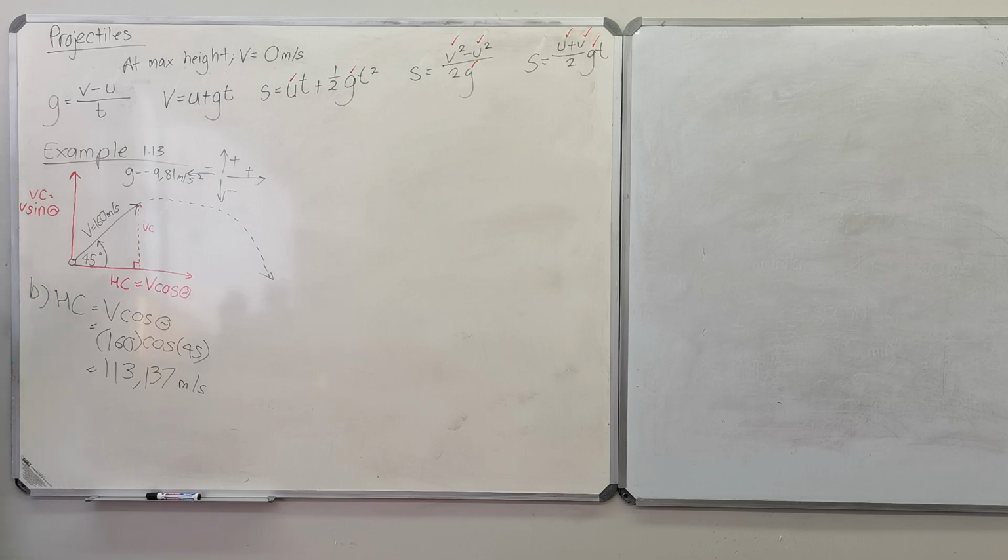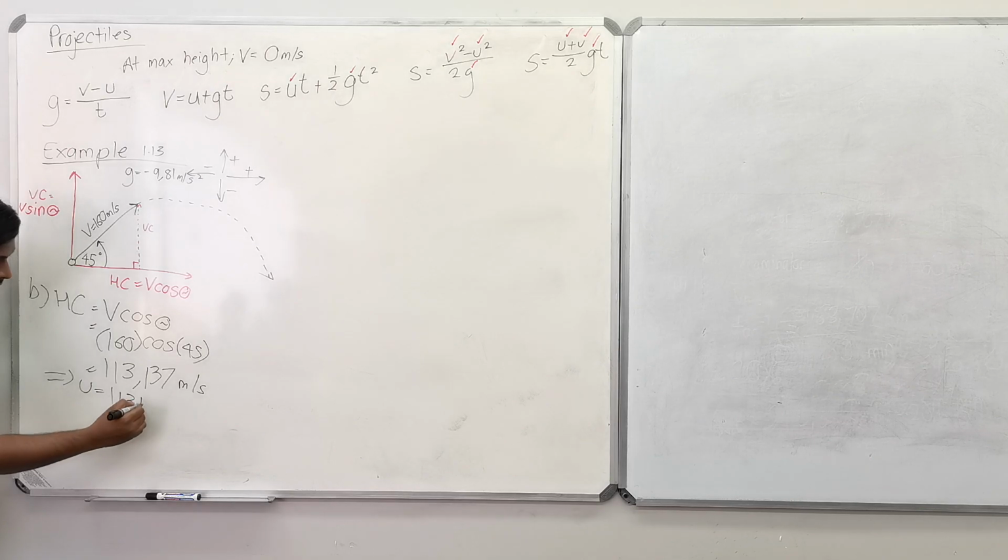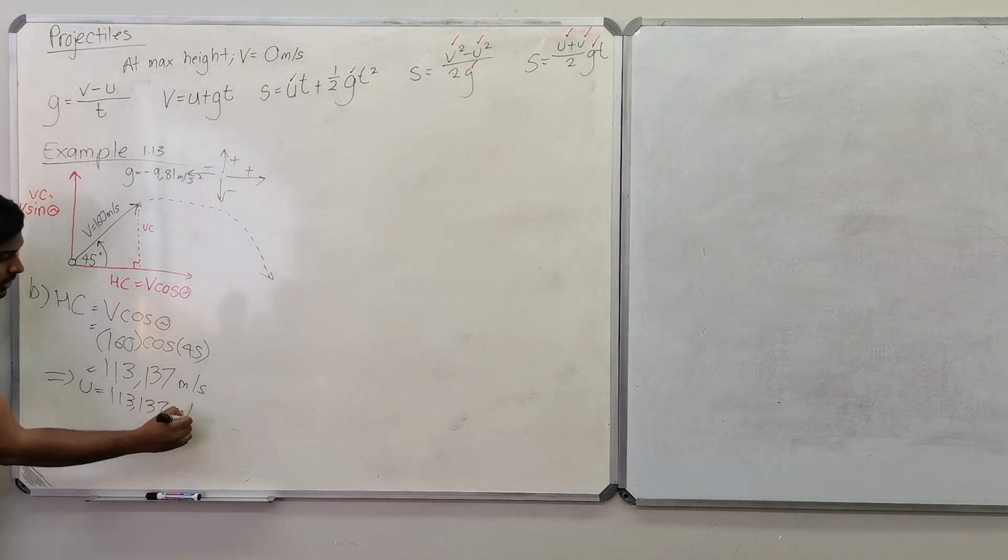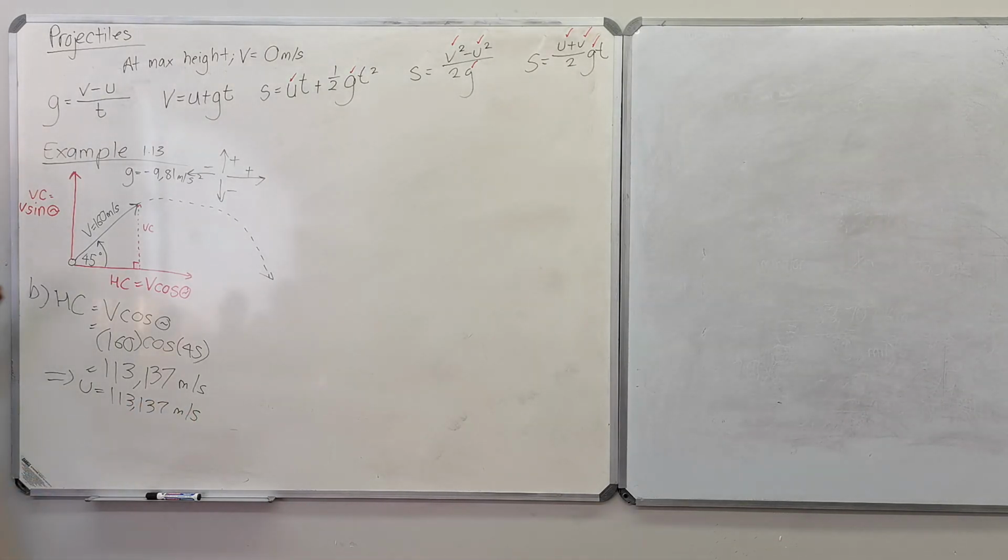Right. What did we just work out? Your initial velocity along your x-axis. Okay? So, u is equal to 113.137 meters per second. What else do we know?